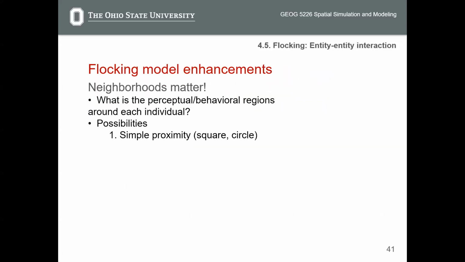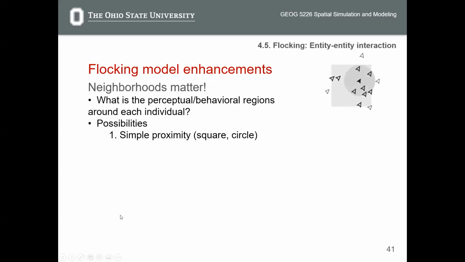And let's talk about more complex factors in a flocking system. First one, neighbor. How to define neighborhoods? Here we cannot simply use Von Neumann neighborhood or Moore neighborhood, because those are definitions of neighborhoods on a lattice. But now it's different.